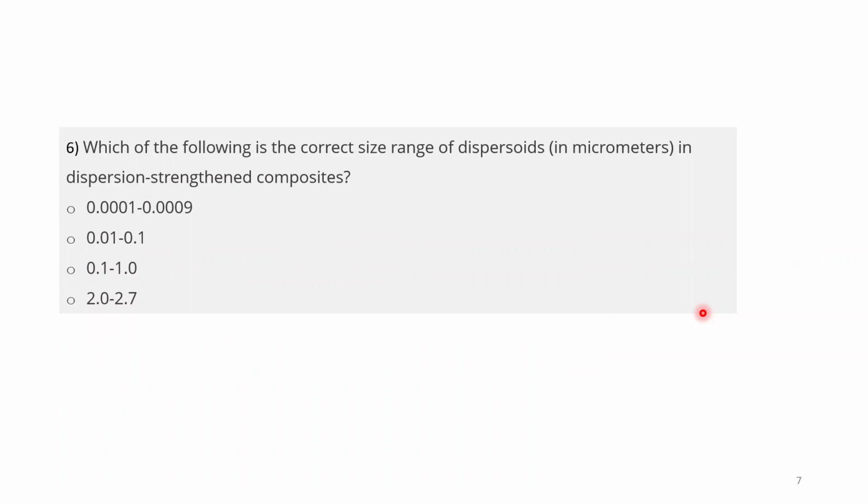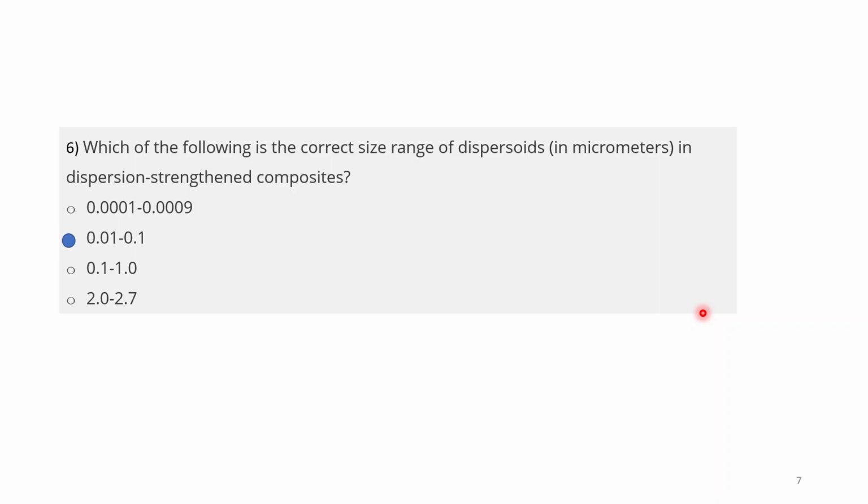Next question is, which of the following is the correct size range of dispersoids in micrometers in dispersion strengthened composites? Your options are 0.0001 to 0.0009, 0.01 to 0.1 micrometer, 0.1 to 1, or 2 to 2.7 micrometer.